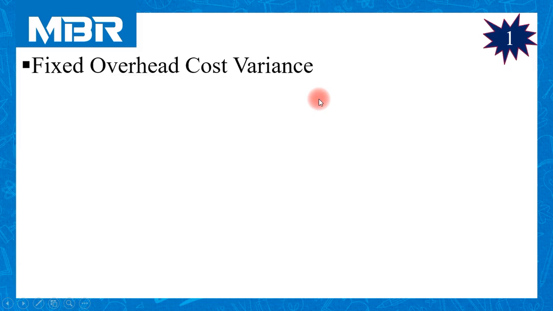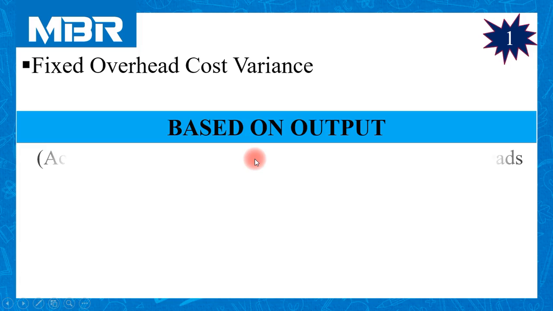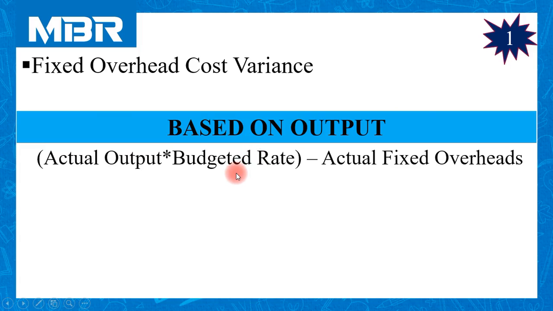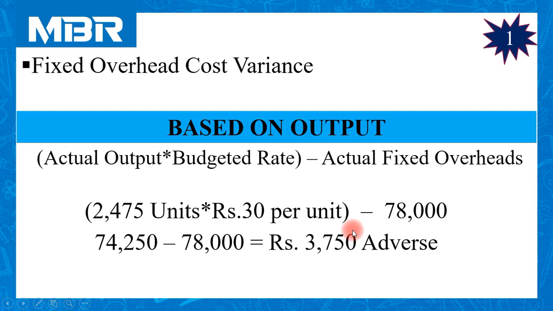First, fixed overhead cost variance. As I discussed, there are three different methods to calculate. Let us calculate based on output. Actual output multiplied by budgeted rate minus actual fixed overheads. 2475 units actually produced by the company multiplied by rupees 30 per unit minus actual fixed overheads given in readymade form, 78,000. 74,250 minus 78,000 equals 3,750 adverse.